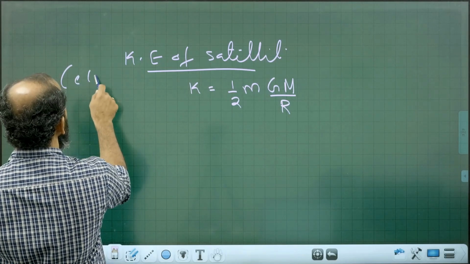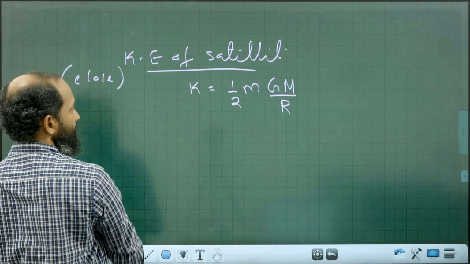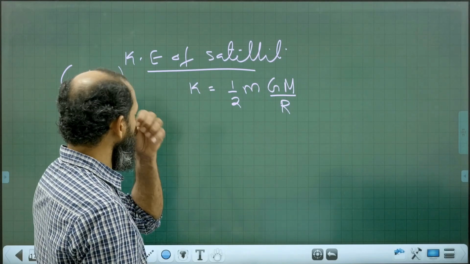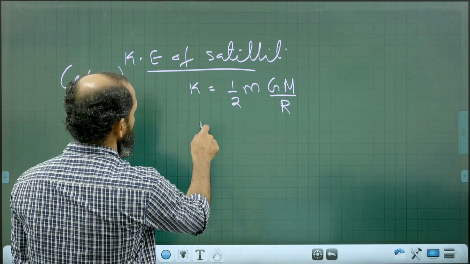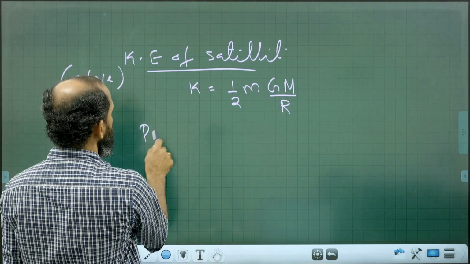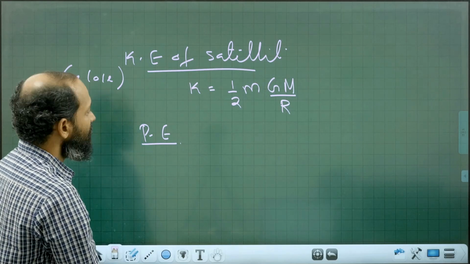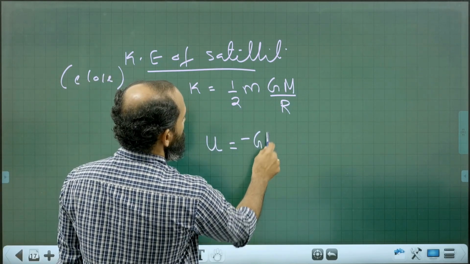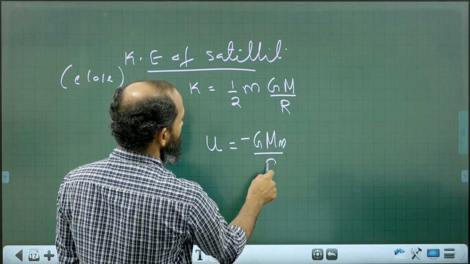I am only writing for a close orbit. If not a close orbit, you can use r plus h in place of r. So it is GMm by 2r. Now potential energy, U of the close orbit satellite, is equal to minus GMm divided by r.